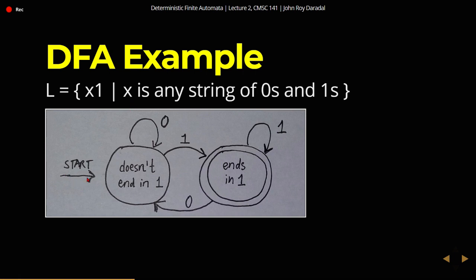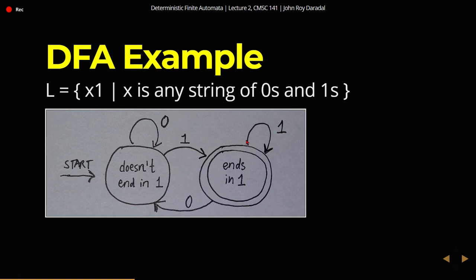So at the start, we have an empty string, right? So we don't see anything yet. So of course, that does not end in 1 yet. So that's our starting state. Doesn't end in 1. Now, if you see zeros, that still doesn't end in 1, so it will stay in this state. It will only change states when it sees 1. So when it sees a 1 input, then currently it ends in 1. So it will change to this state, ends in 1.